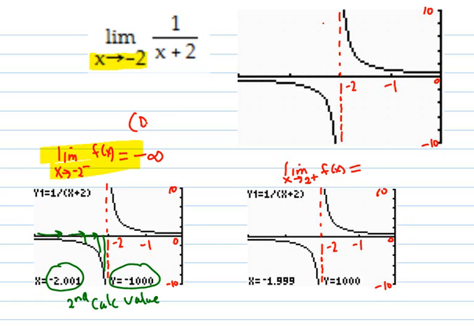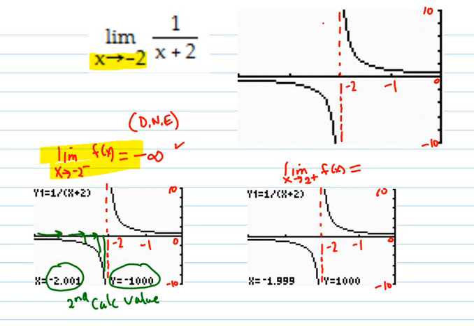Technically, it does not exist, but it does not exist in a very special way. So we're allowed to put -infinity to indicate that the values are not just undefined, they're undefined in a way of getting very large negative.